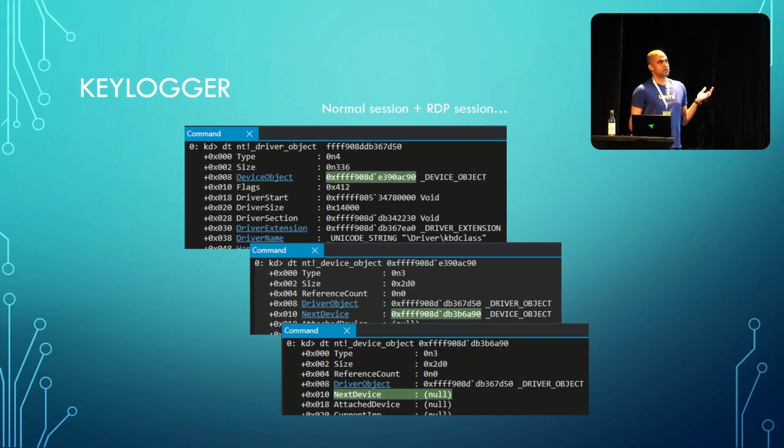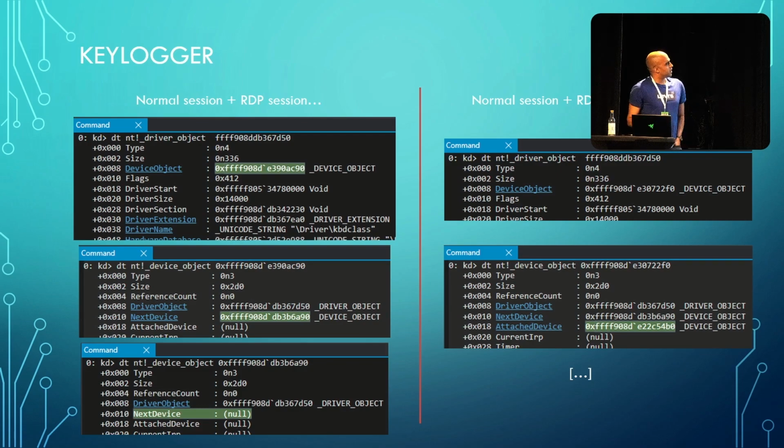In this case, the remote desktop session is seen as another keyboard that is coming virtually. So if you just attach to the first one, which is usually the physical one associated with the hardware, you won't see all the RDP connections that come in, which you could argue is the most important part, because if you're doing this on a compromised server, usually the admins will not go there physically, they will just remote desktop into it.